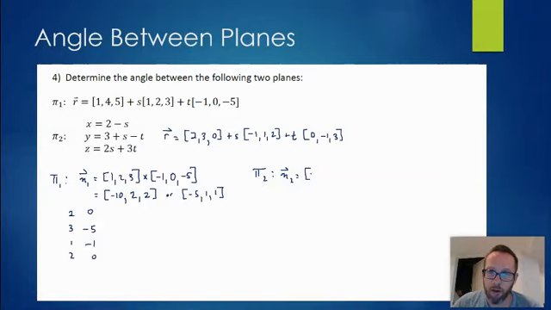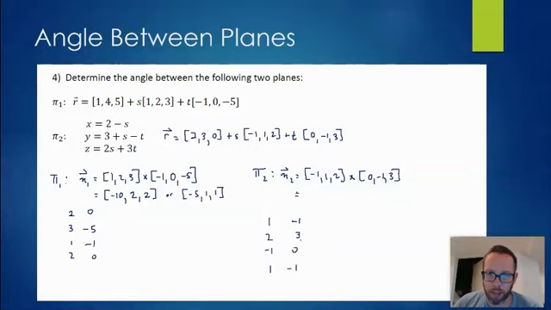And so our second normal will be (-1, 1, 2) crossed with (0, -1, 3). And I'll set this up down below: 1, 2, -1, 1, -1, 3, 0, -1. We're good to go.